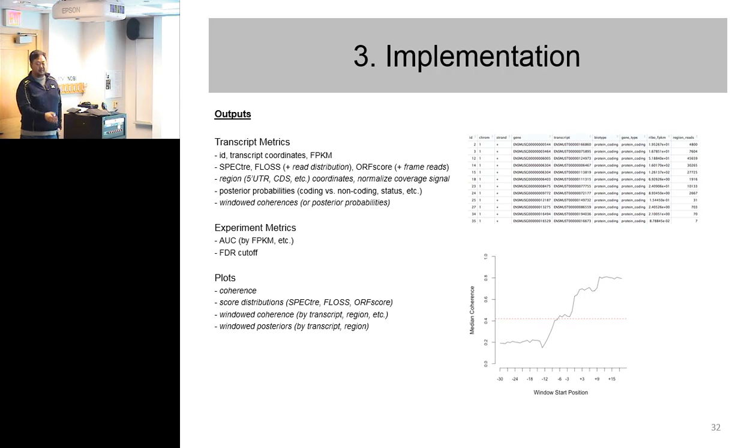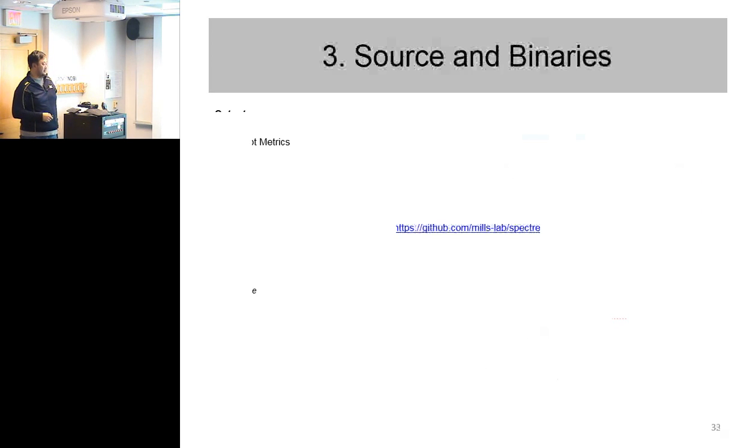This is just a toy example, but we could also use the posterior probabilities across a region. That can help us pinpoint where upstream open reading frames might initiate. It's very close. It's not up quite yet, but this is where you can find everything.